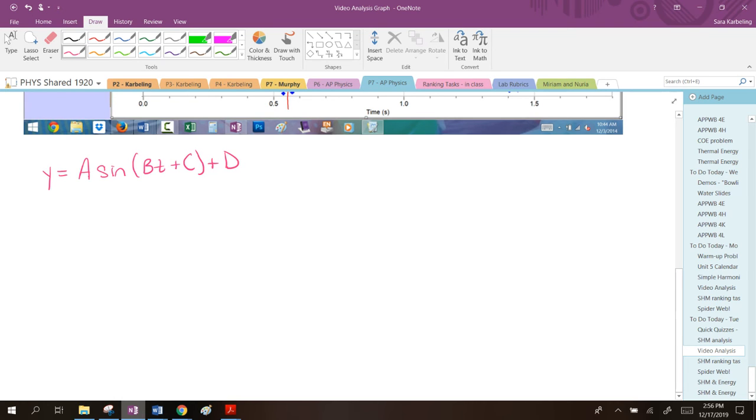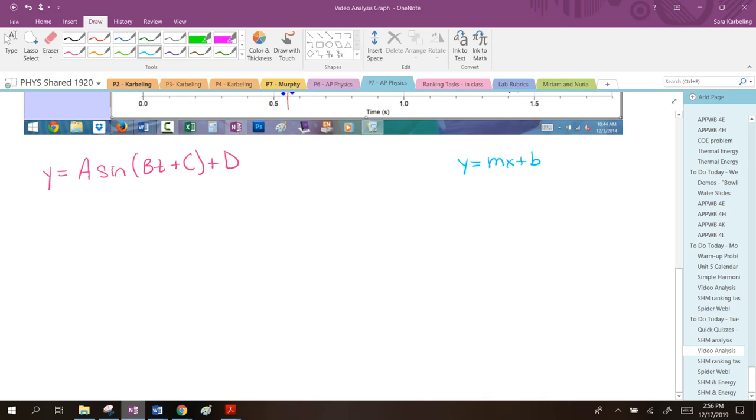And that might look scary to you. It might not, but it might. And if it does, I just want to tell you not to be scared, because this statement that I just wrote there in pink is to a sine curve exactly what y equals mx plus b is to a line. Okay? This is just the general form of a sine curve. That's all it is.